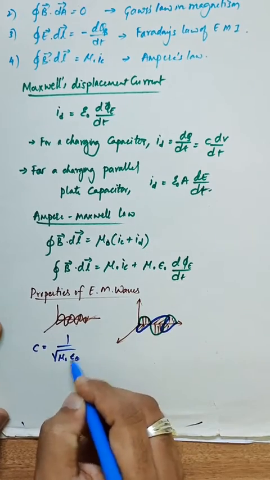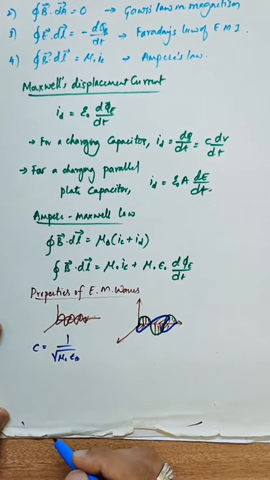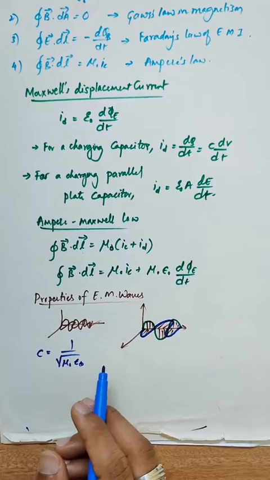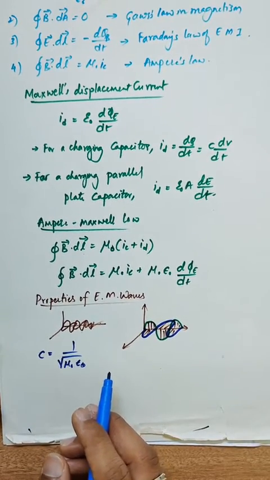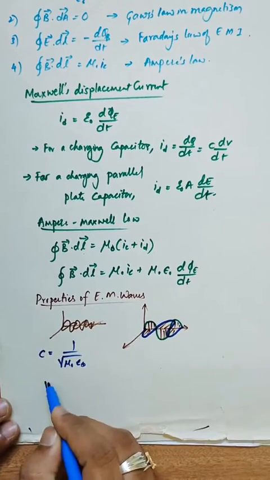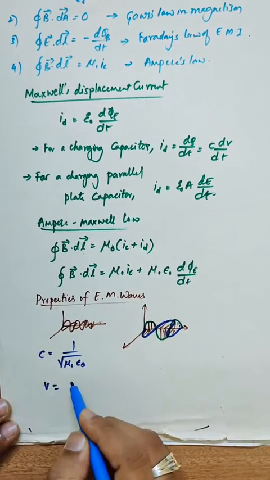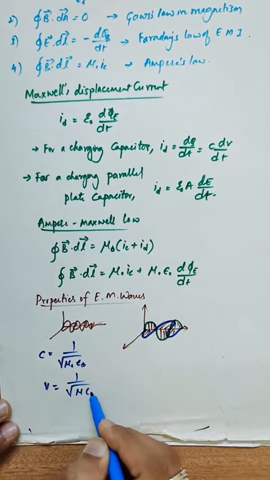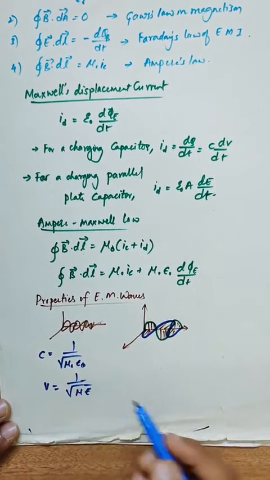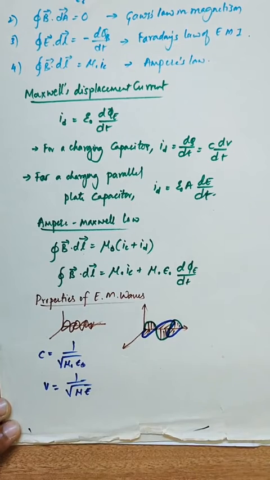This is in vacuum. If it is in a given medium, the speed of the electromagnetic wave can be written as V is equal to 1 by root of mu into epsilon.